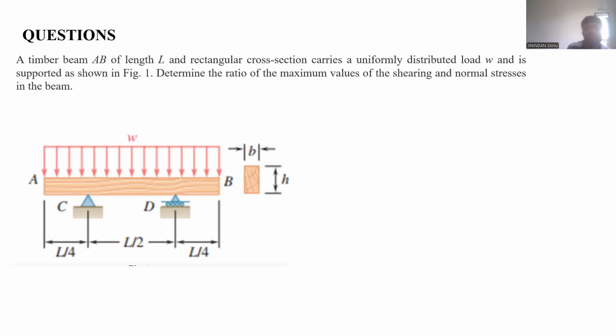Which has been shown in figure 1. So this is the figure 1 that has been shown here. Now, the question they are asking is determine the ratio of maximum values of the shearing and normal stresses in the beam for this corresponding loading diagram.